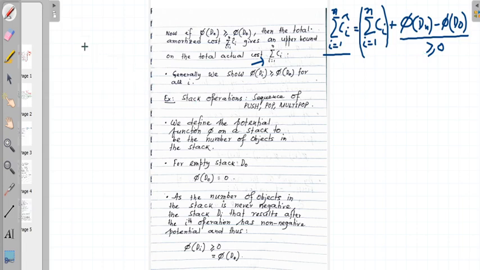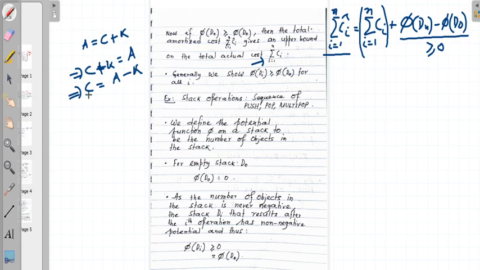Say the amortized cost is the total cost C plus some positive quantity K, right? So C plus K is this A, and then C equals A minus K, right?